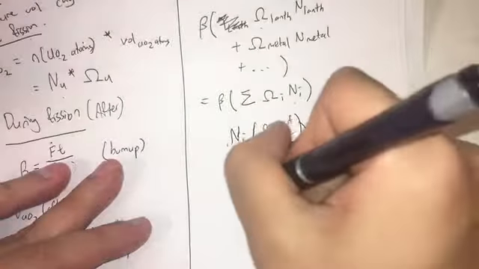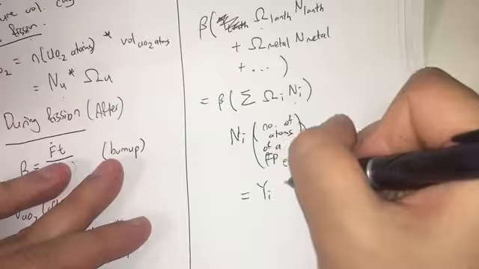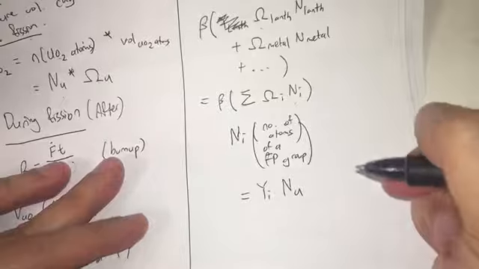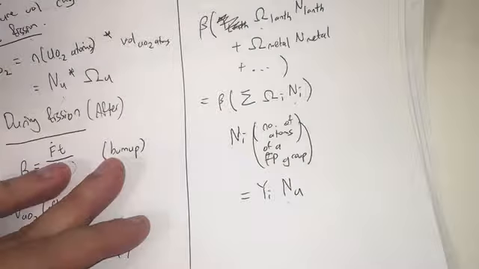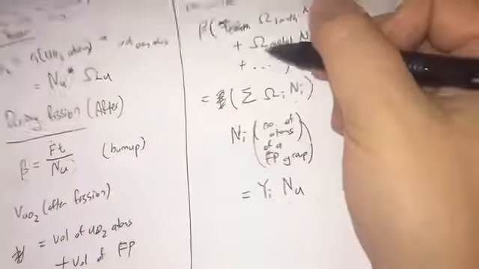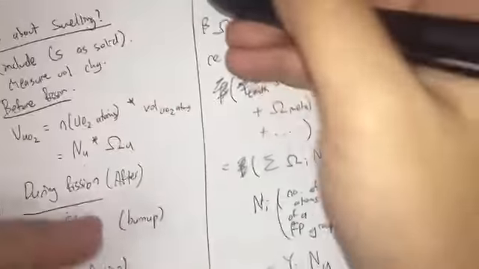How can we write this? We can write it as the yield of the fission product group times the number of uranium atoms being consumed. Actually, the burnup should not be here at all. This is how we consider it first.